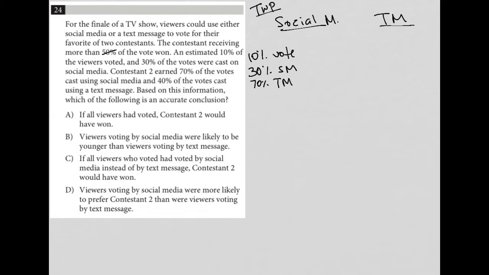And then we have contestant 2 earned 70% of the votes cast using social media. Well, here's the problem. So we're obviously going to compare contestant 1 to contestant 2. I'll call it C2. The problem is we don't know how many viewers there were. We don't know how many voters there are.